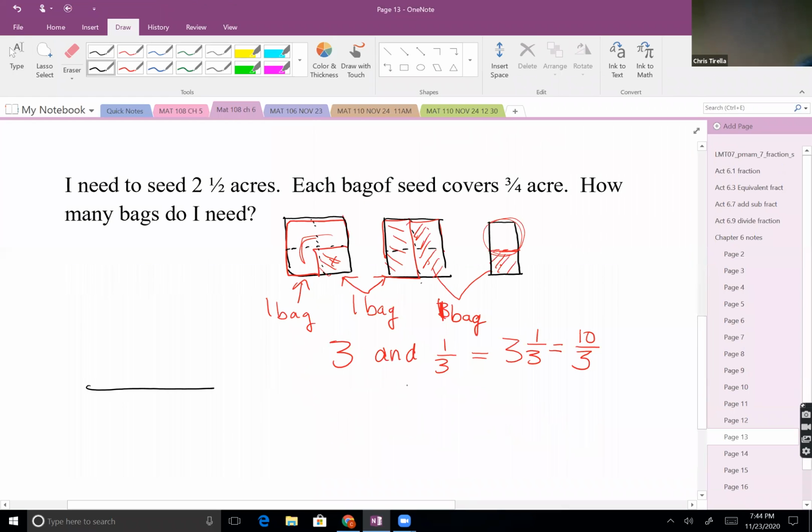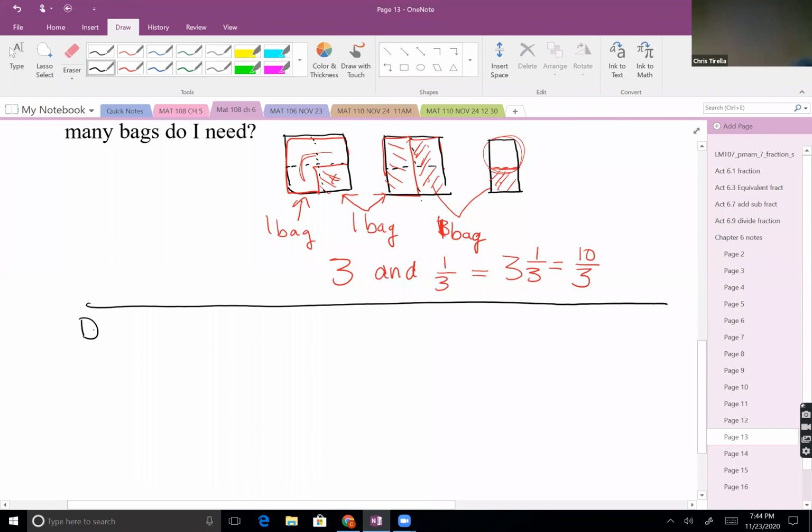Instead, I could look at a more formal definition of division.